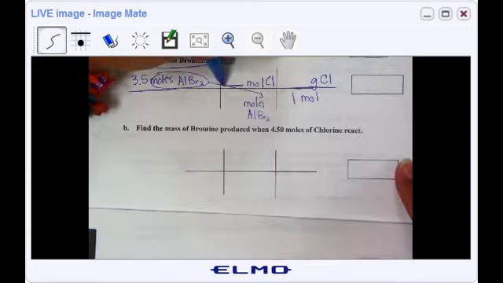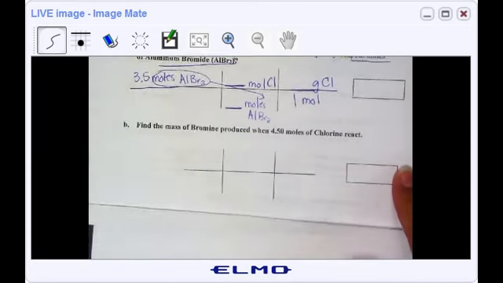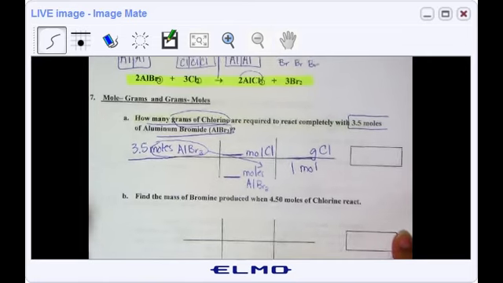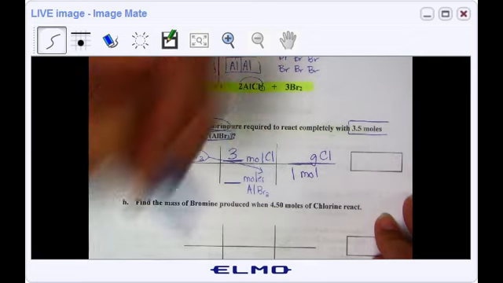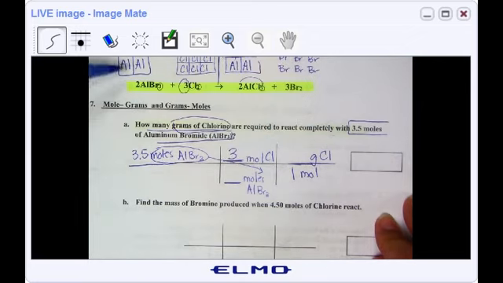But these moles I have to fill in, and I can't just put a 1. I'm going to refer back to the original equation. How many moles of Cl do I have? I have 3. So I'm going to put a 3 there. How many moles of AlBr3 do I have?